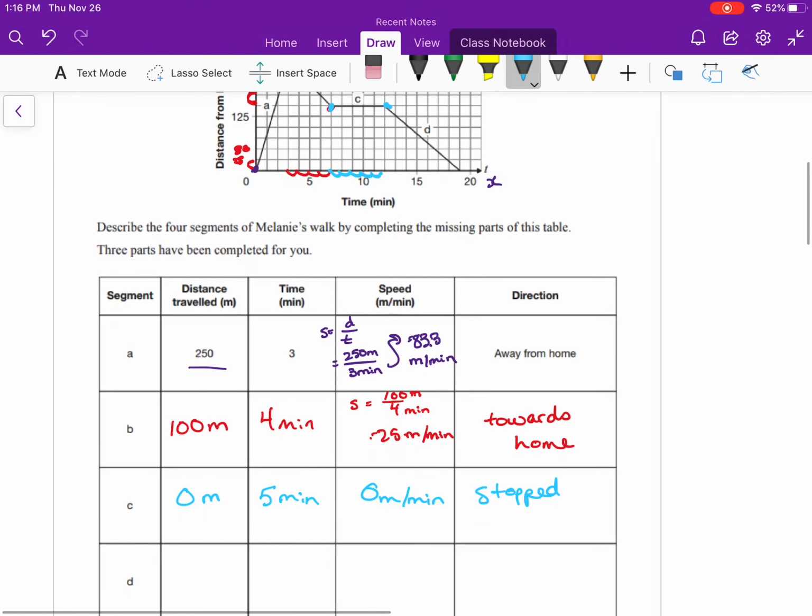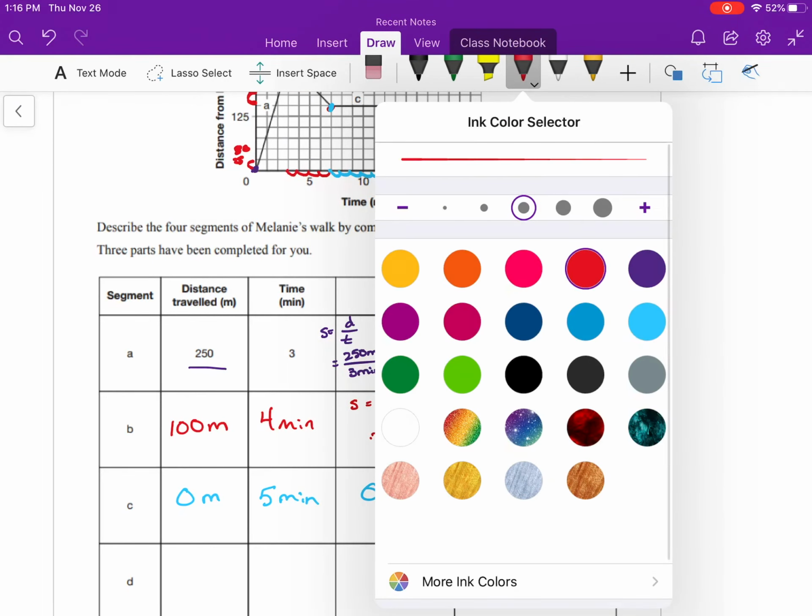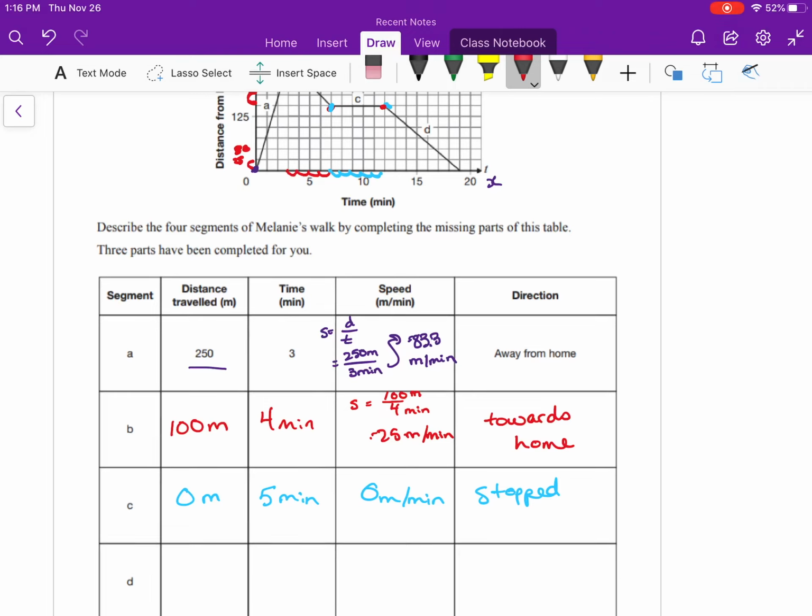Okay, the last section there is section D. So section D starts here and goes here. We can see that they started at 150 meters away and then they went back to 0. So distance traveled is 150 meters. This took them 1, 2, 3, 4, 5, 6, 7 minutes.